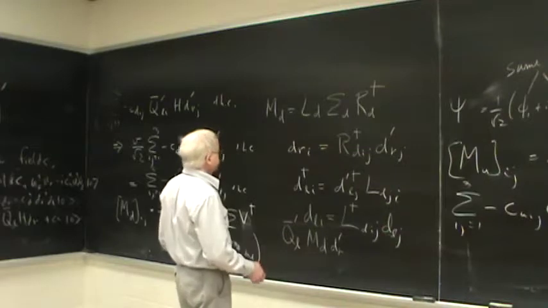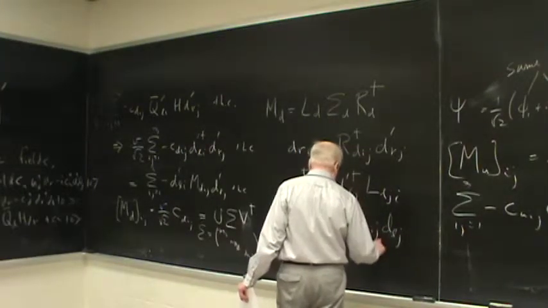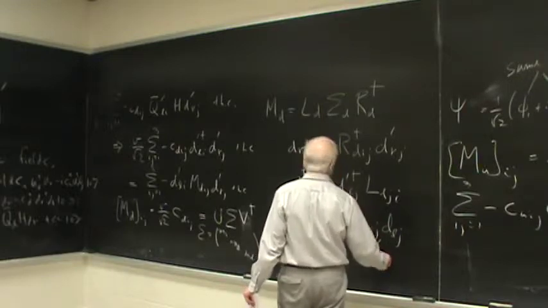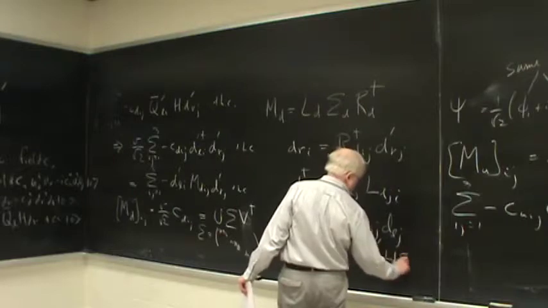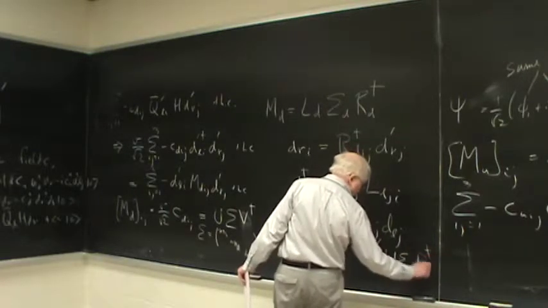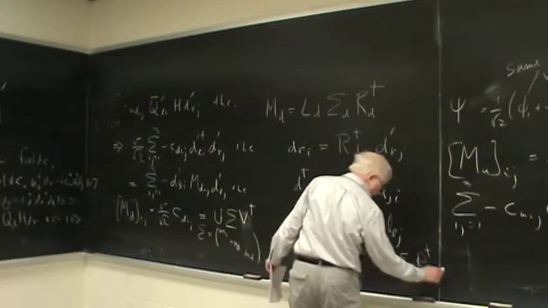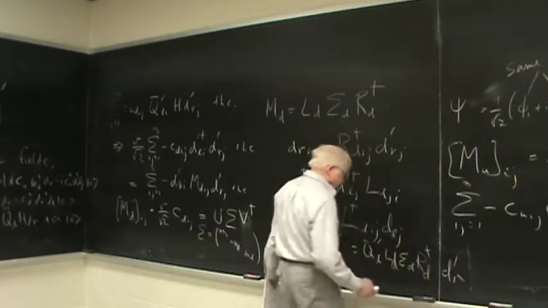And then we can rewrite this as Q bar prime left L_D sigma_D diagonal R_D dagger D prime right.